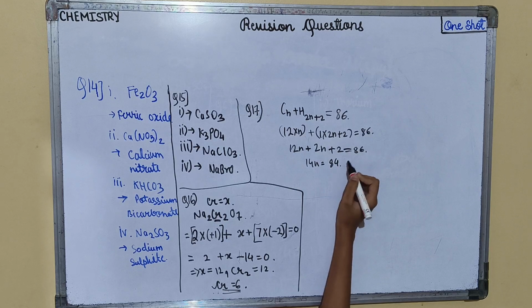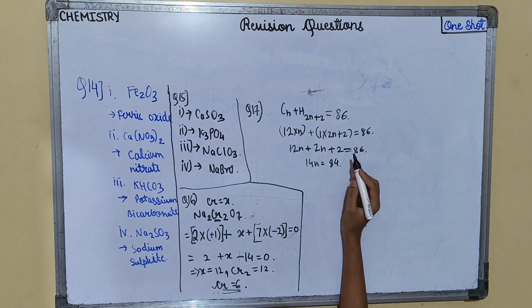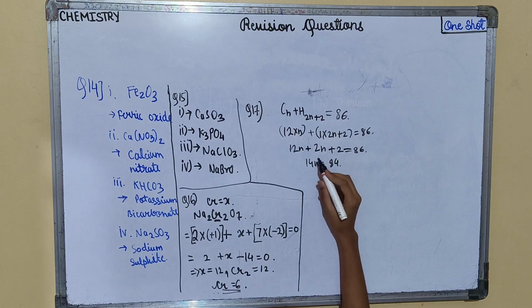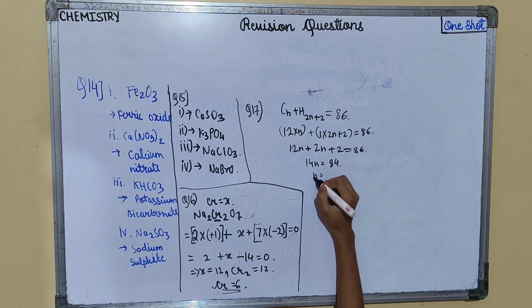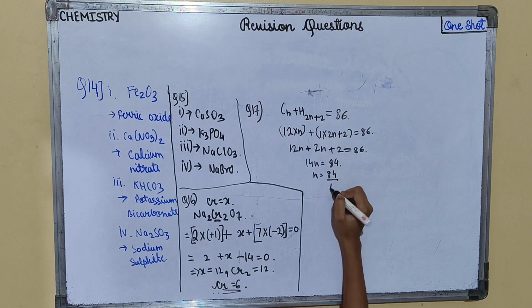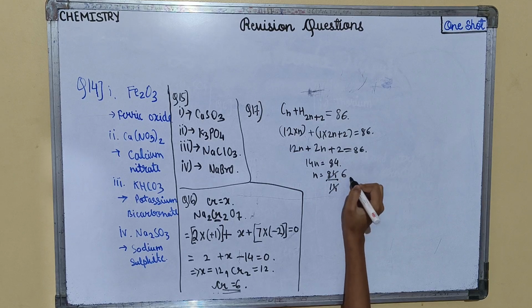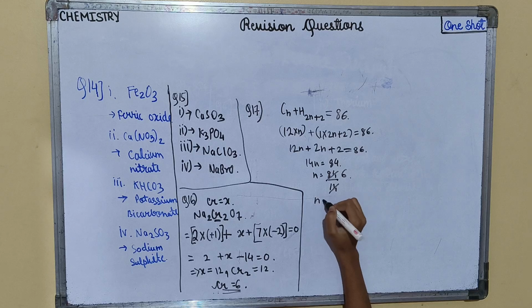This 2 will get transposed. 86 minus 2 is 84. So n will be equal to 84 by 14. And 14 sixes are 84. n is equal to 6.